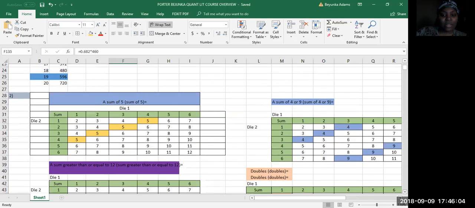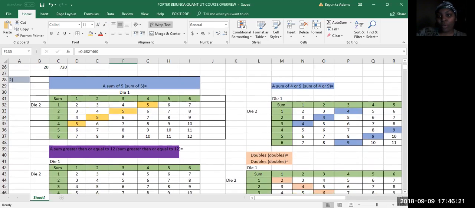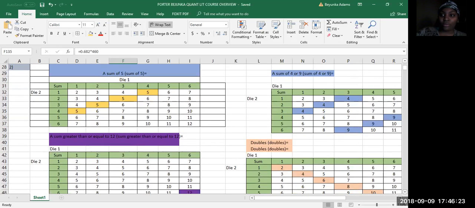So basically question 2 is about the probability of rolling 2 dice. First we have to find the sum of 5, a sum of 4 or 9, a sum greater than or equal to 12, and doubles. We learned about all this in our homework.